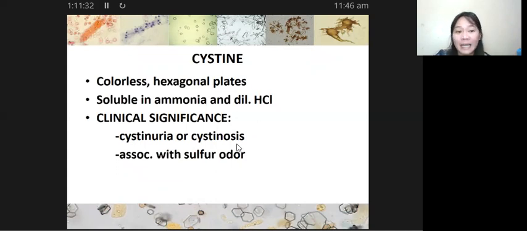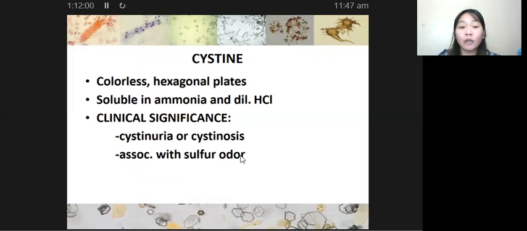The clinical significance of cysteine is that it is associated with cystinuria or cystinosis. Apart from that, your cysteine has been associated with Fanconi's syndrome. Those are the different clinical significances of your cysteine.